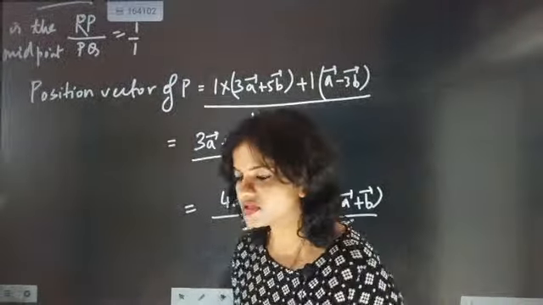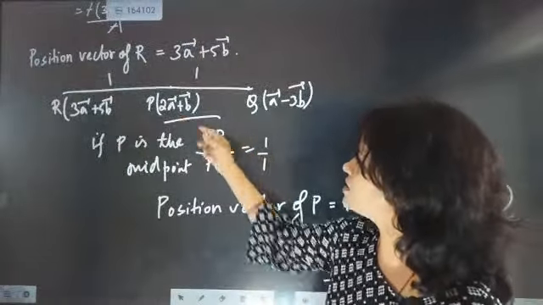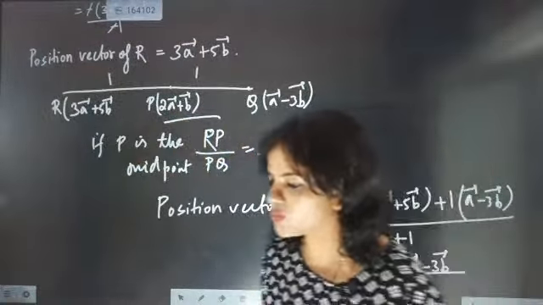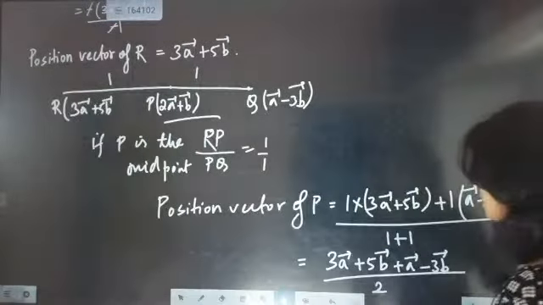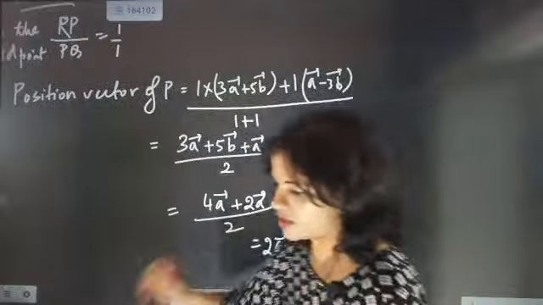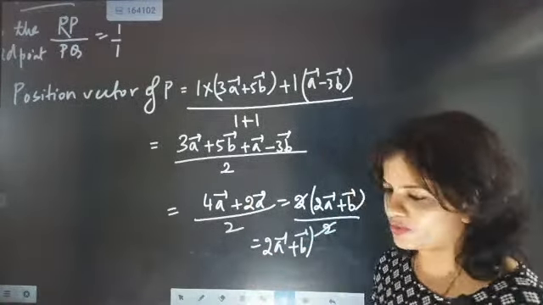Correct or not? If you check, the P vector given is exactly the same. So once you got it now, Mahesh: this is exactly the position vector of P, and it is coming the same.